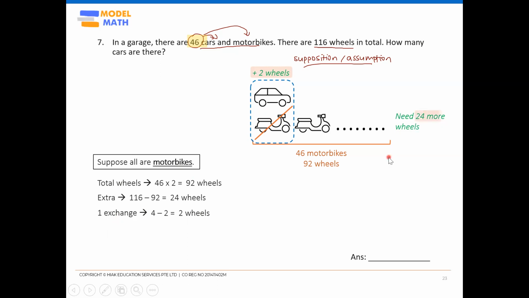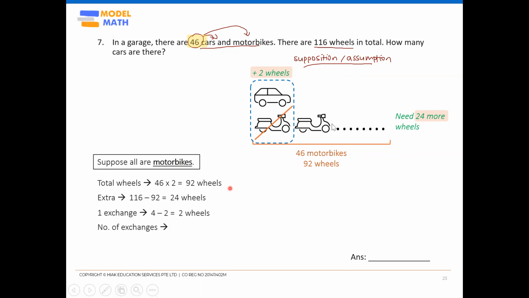So we need to look at these two values, the 24 more and the 2, to work out our number of exchanges. Every exchange increases by 2. If I have 2 exchanges, there will be an increase of 4 wheels. If I have 3 exchanges, there will be an increase of 6 wheels. So as you can see, this will go on and on, multiples of 2 wheels, until you have an increment of 24 wheels.